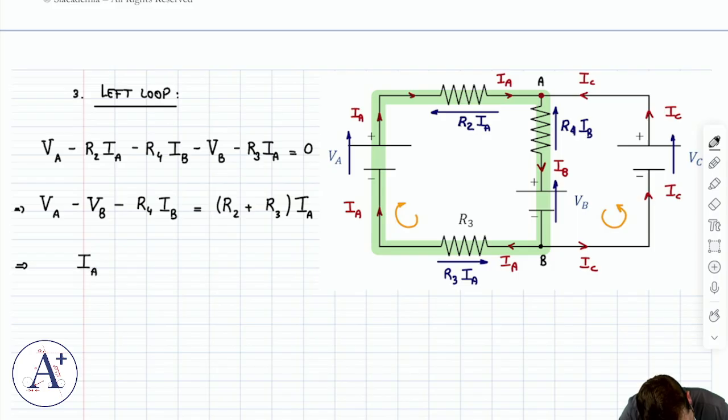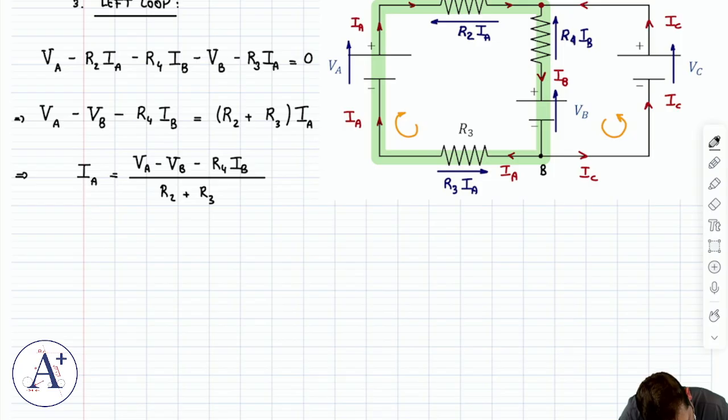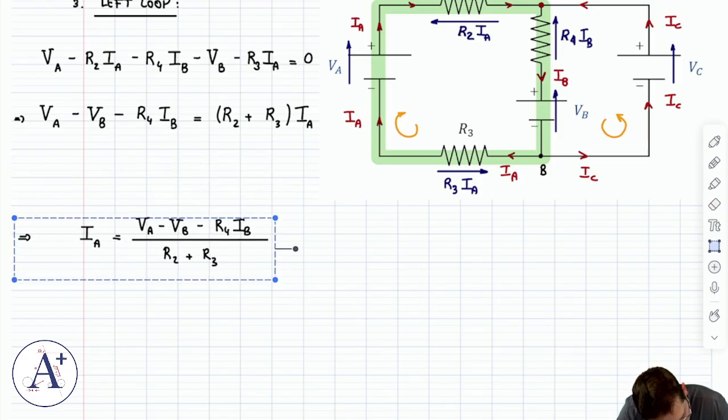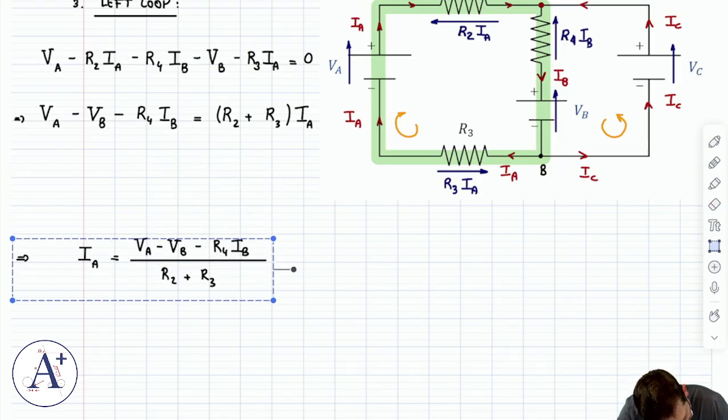All right, so IA is going to be equal to VA minus VB minus R4 IB divided by R2 plus R3. Okay, well, I can compute that. Maybe I just bring this down here so that I have enough room to do it right here.